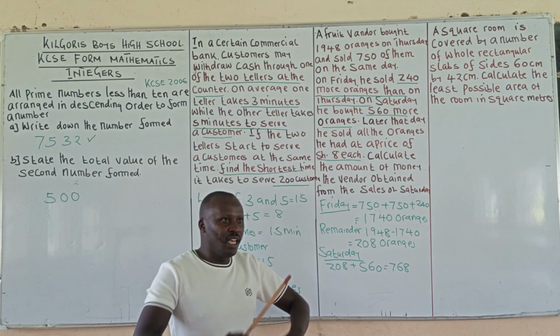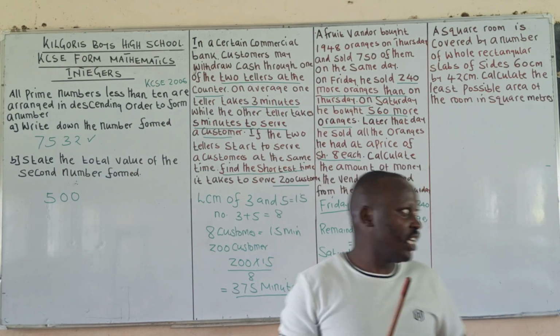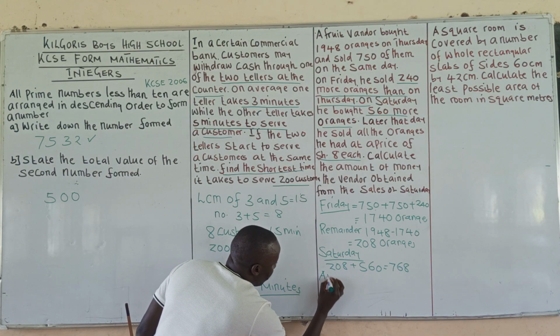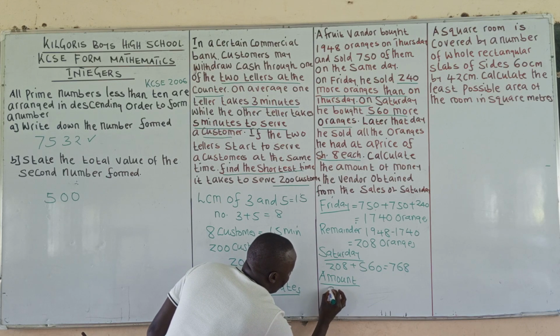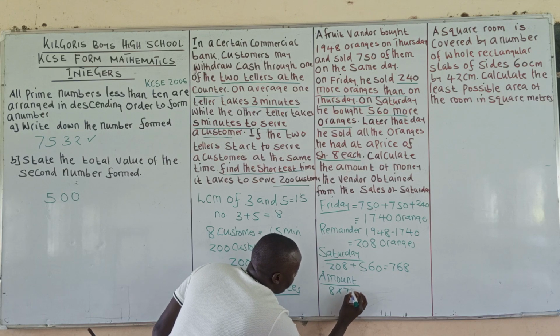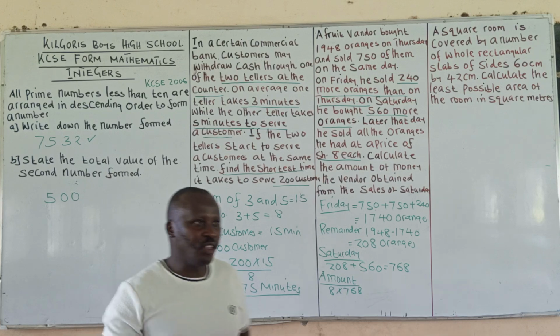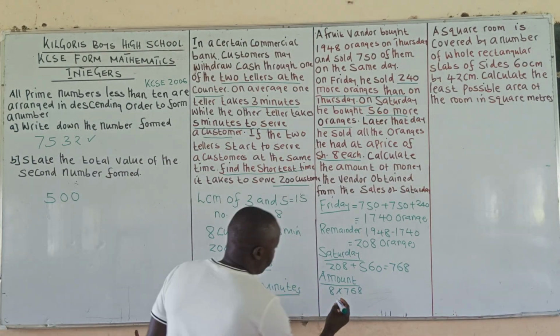Then on Saturday, he sold all the oranges at the price of 8 shillings each. Calculate the amount. So amount on Saturday is 8 shillings times the number of oranges 768, and now this one will give us a total of 6,144 shillings.